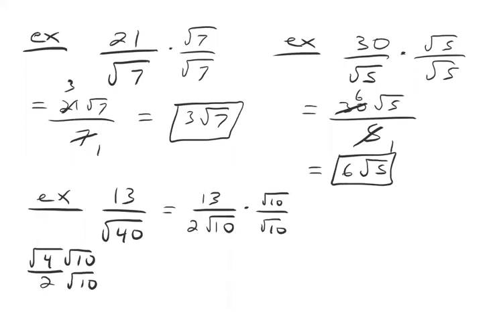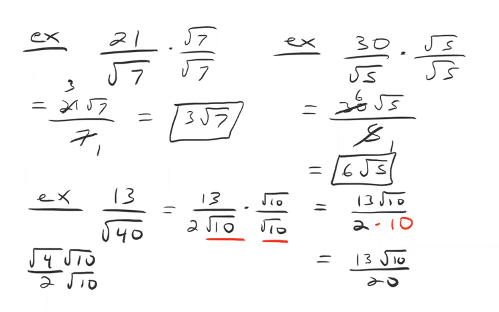So on the top, I get 13 root 10. On the bottom, I have the 2 there. And then the square root of 10 times the square root of 10 just turns into 10. So this is 13 square root of 10 over 20. That is my final answer. And that's what John just got, 13, and some other people got that as well.